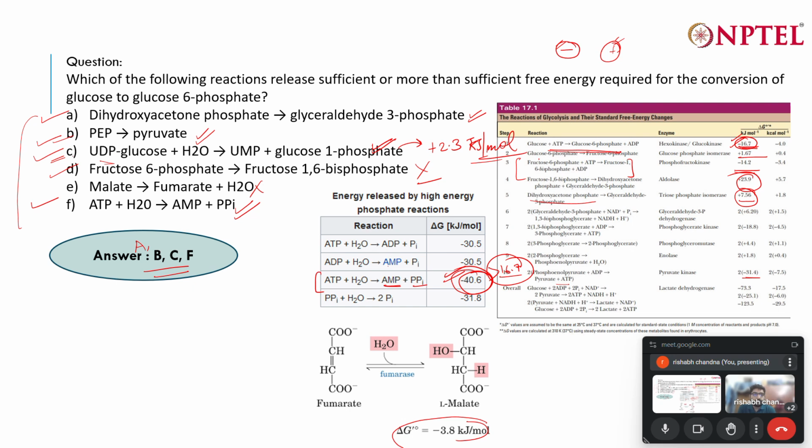Sir, so we have to remember these values. Not really, but you must have an idea. Okay, basically the energy releasing processes, for example, fructose 6 phosphate to fructose 1,6 biphosphate, or phosphoenol pyruvate to pyruvate, these are actually energy releasing processes. Okay, so in that case, the energy change can be greater.